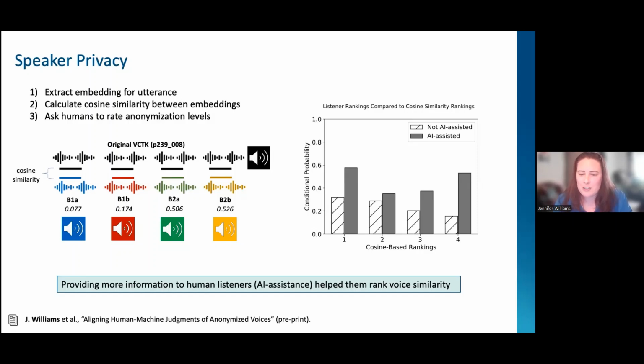If they did trust it fully, we would see a perfect correlation with all of the AI assistants corresponding perfectly to the cosine-based rankings, and we didn't find that. So what we think is that people were not trusting the cosine similarity as the best way to rank the similarity of these voices. So we're still doing this research, and it's ongoing.